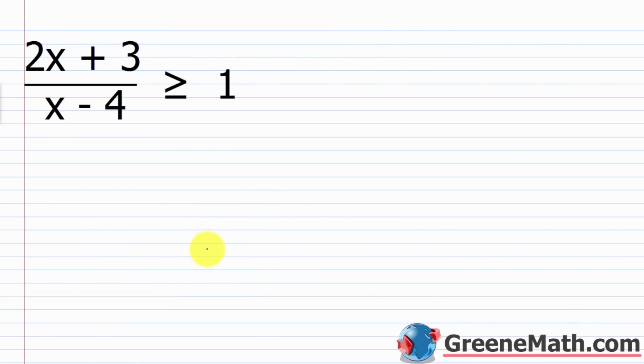If I plugged in a negative 8 for x, what would I get? 2 times negative 8 is negative 16. Negative 16 plus 3 is negative 13. Then this would be over negative 8 minus 4, which is negative 12. So you'd have negative 13 over negative 12 is greater than or equal to 1. That's true, because this would end up being 13 twelfths, and 13 twelfths is larger than 1.